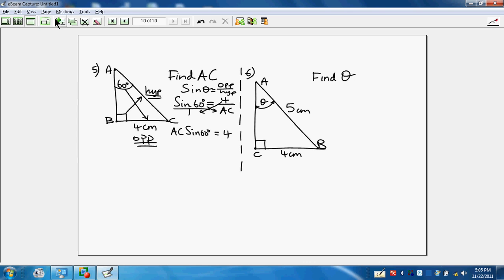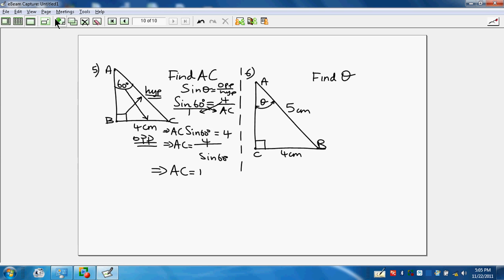And therefore we could get what AC is by saying AC will be equal to 4 over sine 60 degrees. In other words, we're dividing both sides by sine 60. And therefore, from here, we could find what the length AC would be equal to by taking 4 and dividing it by sine 60, making sure that you have your calculator in the degree mode.